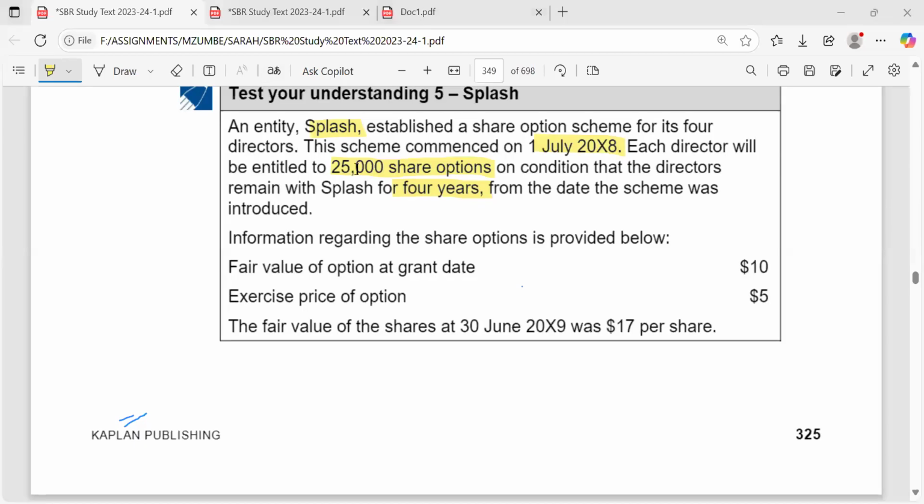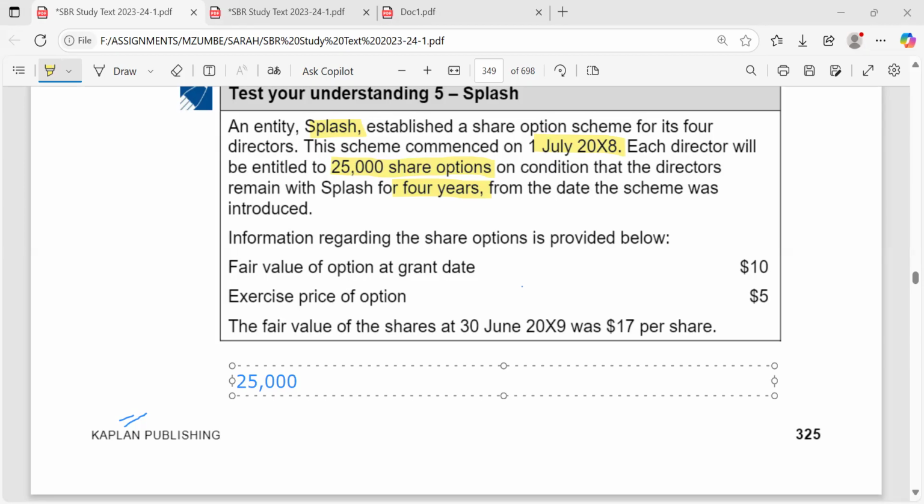We look at the number of options and how many options are there. We have 25,000 options, right? These options are per each employee or per what? You have been told the scheme, each director will be entitled to 25,000 share options. So it's 25,000 options per director. How many directors are there?